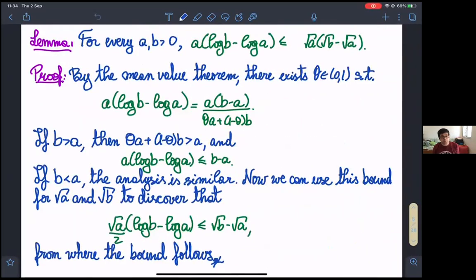So let me give you a proof of this inequality, because I think it's instructive. Students are always puzzled by the fact that at the beginning I told you that in principle you can use any convex function to construct an entropy, but then everybody uses relative entropy.